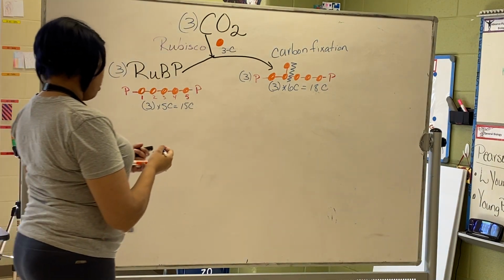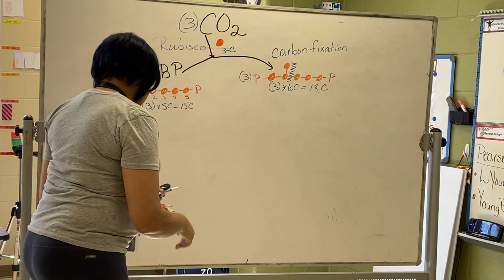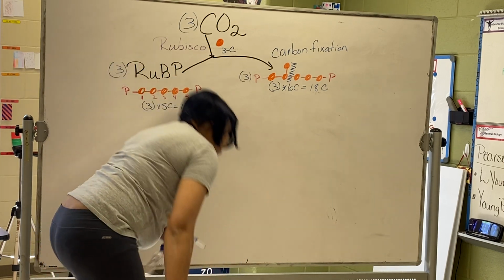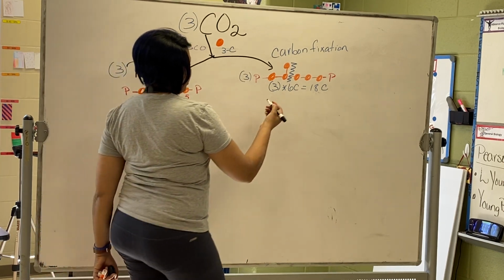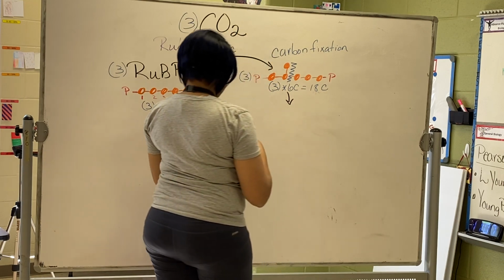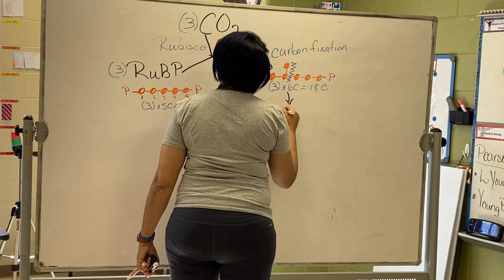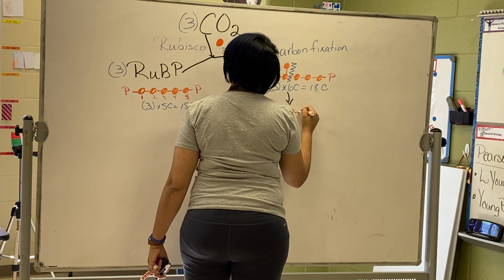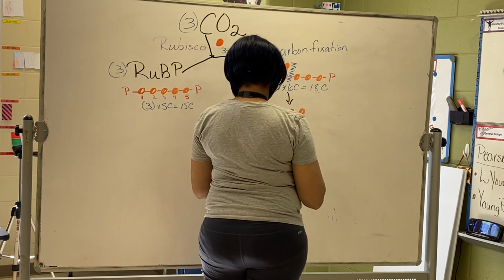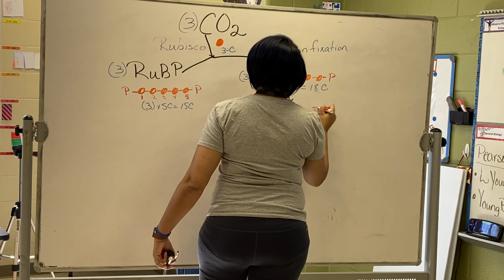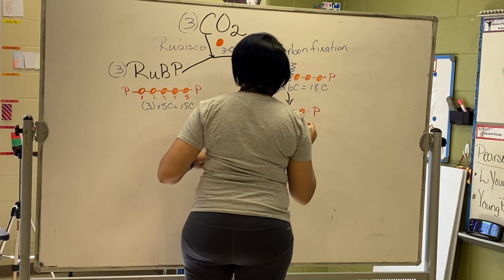So I'm going to go from having 3 6 carbon compounds, to having 6 3 carbon compounds. So now I have a compound that's only made up of 3 carbons with the phosphate group attached to the 3rd one.